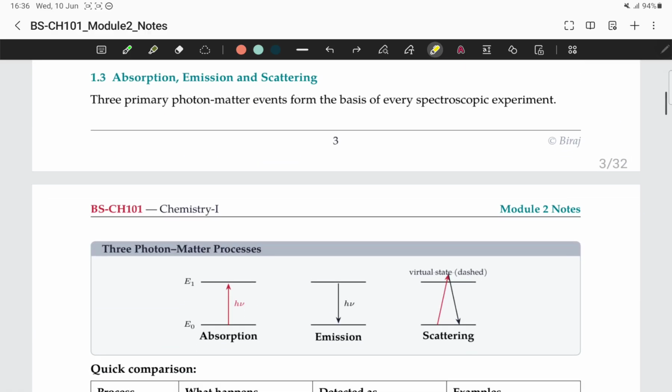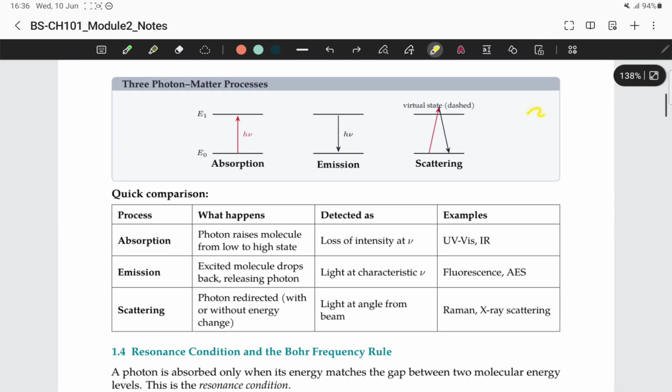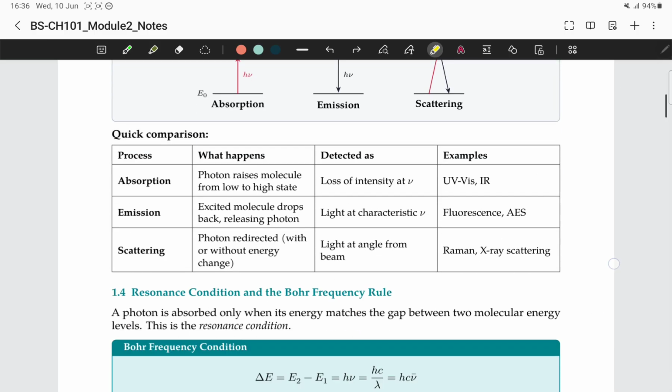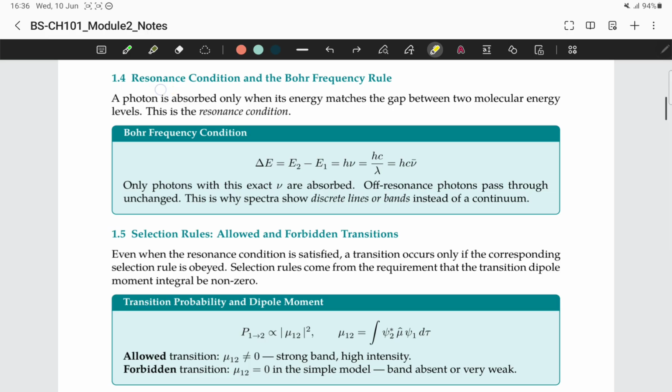Then we learned the three primary photon-matter events: absorption, emission and scattering. You can go through the picture and diagram and you will get the idea completely. Then we went through the resonance condition and the Bohr frequency rule, where a photon is absorbed only when its energy matches the gap between two molecular energy levels.